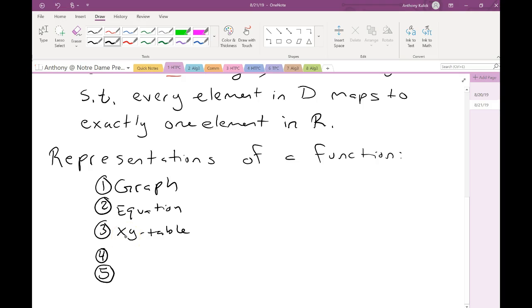So sigma notation was what we used to represent series. Okay, good. So Bella says a set of ordered pairs. That's good. And then the last one was what we called a mapping diagram.